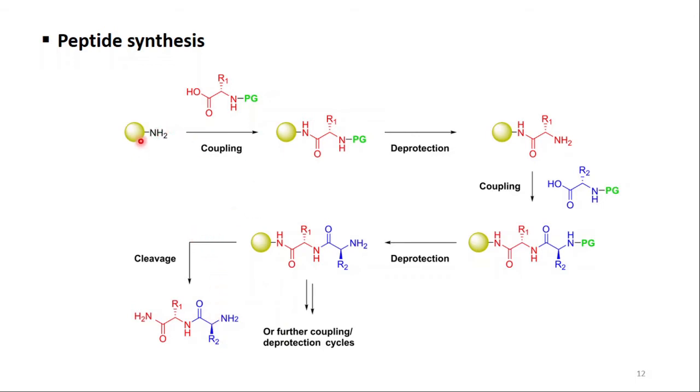In the beginning you take one amino acid and protect its COOH part, and the NH2 part is available. You take another amino acid wherein the NH part is protected, so PG indicates protecting group. These lobes can be protecting groups, or simply something to which the amine is attached.